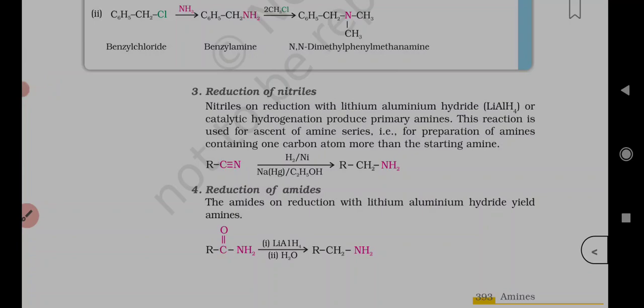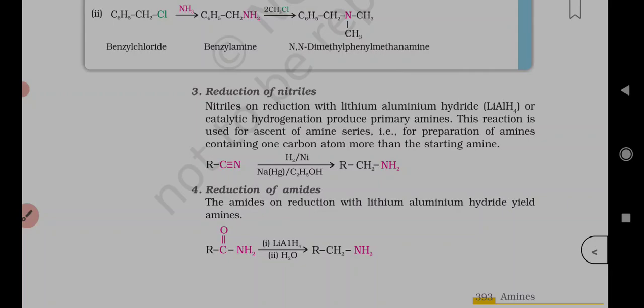So if you want to produce an amine with one carbon atom more than the starting amine, take RCN, R-C triple bond N, in the presence of lithium aluminium hydride, or catalytic hydrogenation, or sodium and ethyl alcohol, or sodium amalgam Na(Hg) with ethyl alcohol, and you will get RCH2NH2.